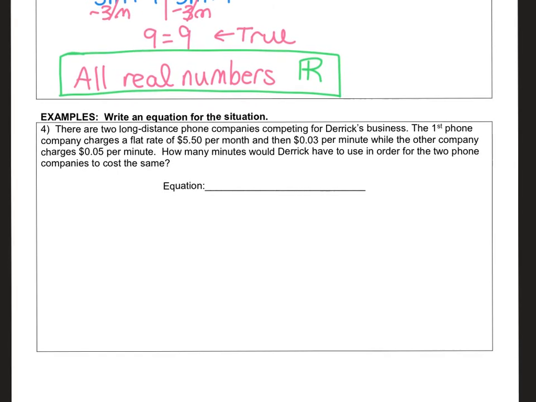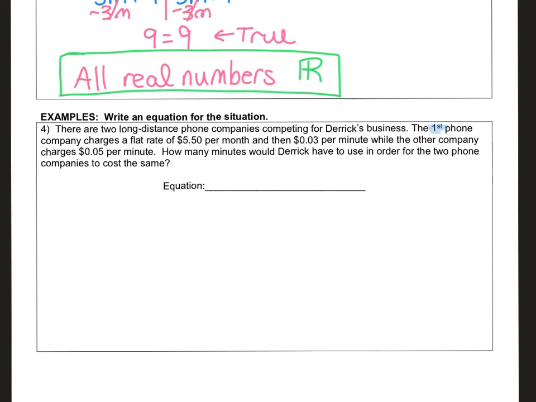All right, so we have one more problem, and it says write an equation for the following situation. So this is where if you have a highlighter or something you like to mark things, that would be a good time to do it. There are 2 long-distance phone companies competing for Derek's business.